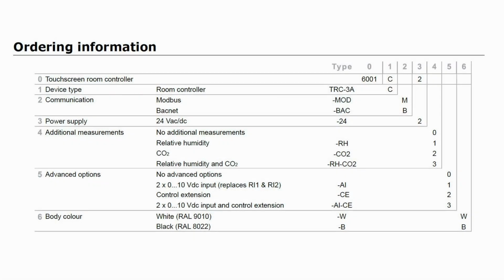Yes, exactly. How about the external or additional measurements? We have humidity, CO2, or a combination of those two. Yes, you can have both in combination if you want. And with the communication, you can read the measurements to the BMS for the BMS system to react on, or log, or do something with it.